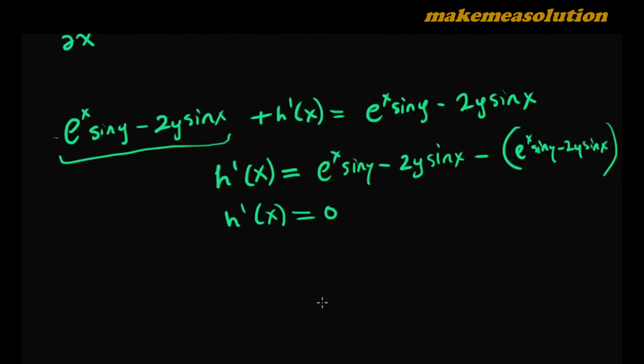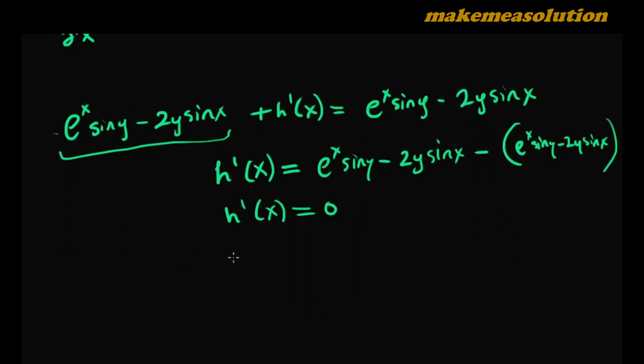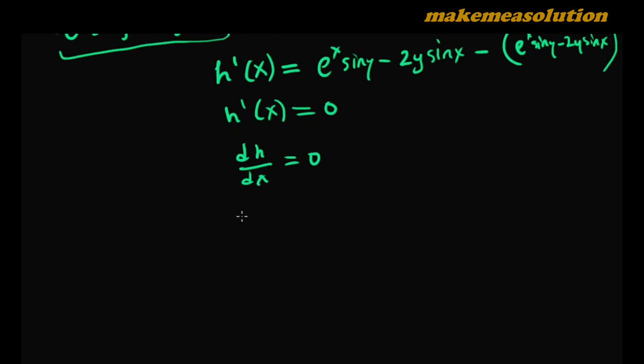Of course, everything cancels out, so h prime of x is equal to 0. That means dh/dx is equal to 0 in this case, or dh is equal to 0 dx, for instance.